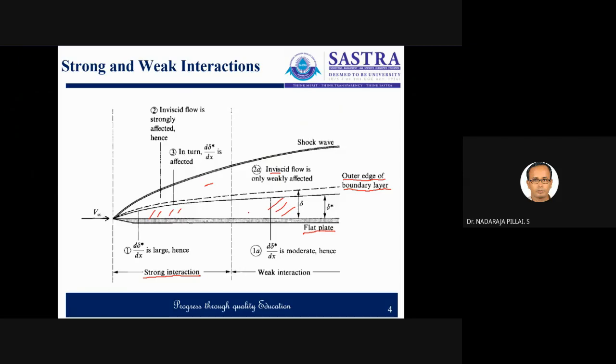Let us take the slope d delta star by dx: it is large here, and here it is moderate. Where d delta star by dx is large, we say it is a strong interaction, and where it is moderate, it is a weak interaction. Let us see the properties of the strong and the weak interaction.